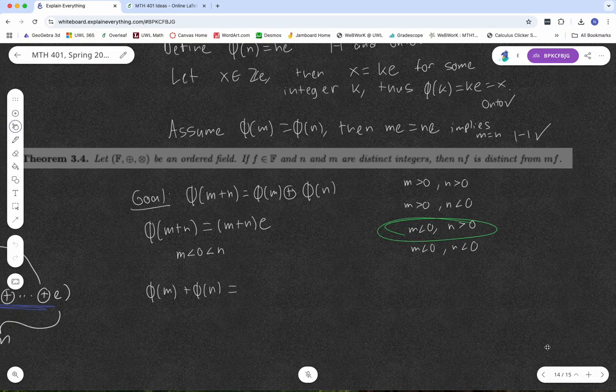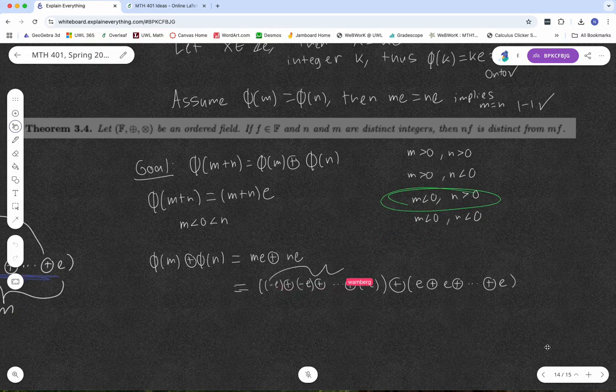So that's going to be me plus ne, which, by definition, since m is negative, is negative e plus negative e, and so on, plus e plus e plus e.